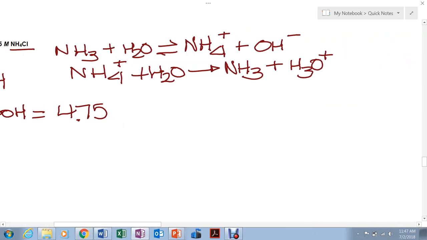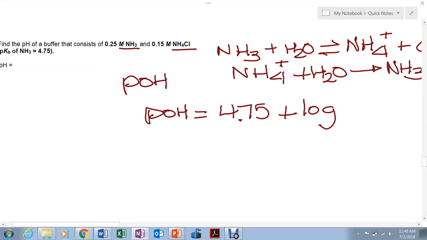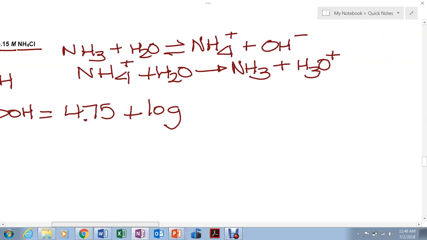Plus the log, the same thing, but now on top goes the conjugate acid of the base. The conjugate always goes on top. Before we had the conjugate base of a weak acid. Now we're going to put the conjugate acid of a weak base, which is ammonia.